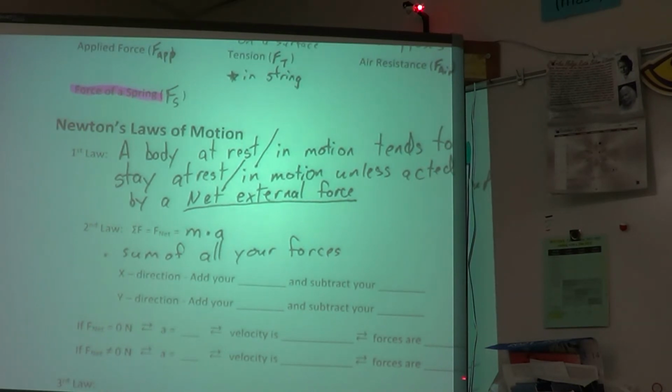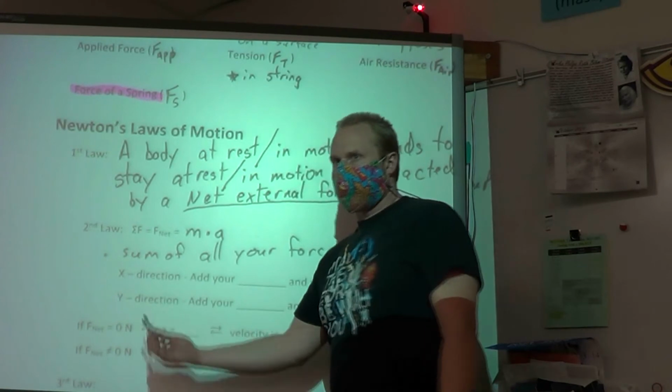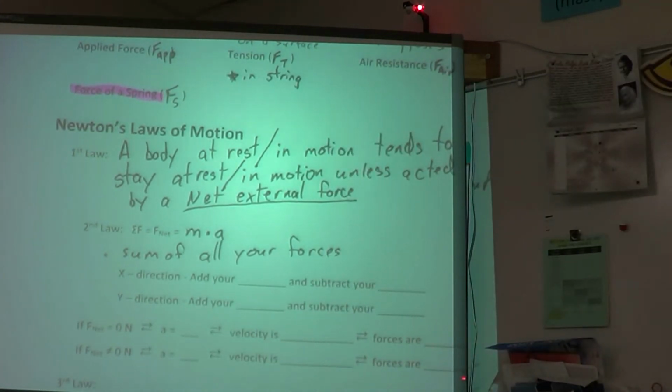But when I sum these up, and I'll say this a lot, when we sum up our forces in the x direction, what we do is we add all of the forces to the right, and we subtract the forces to the left.